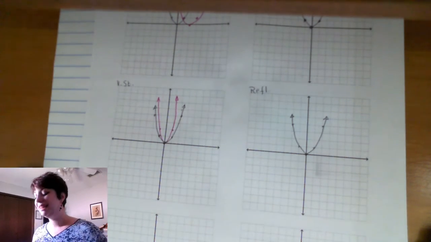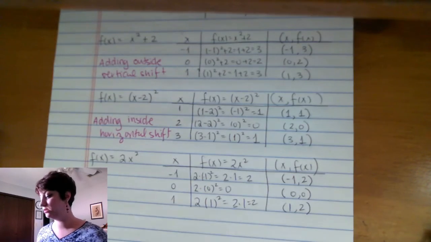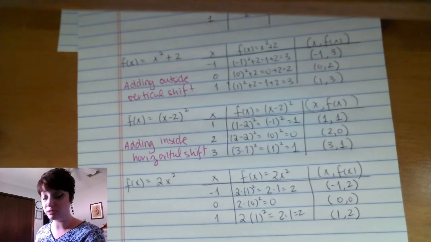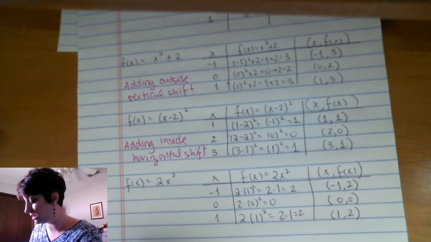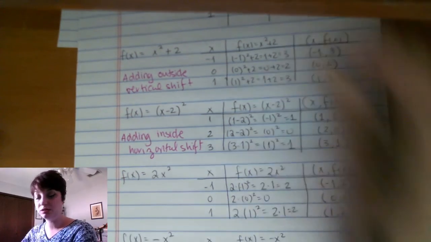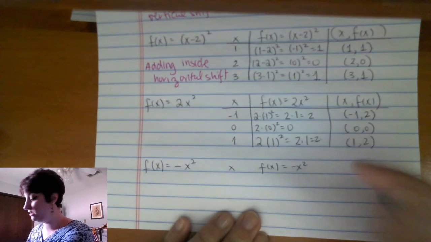All right. The last one is the reflection. Now I'm just going to do one reflection, but there are 2 different types of reflections. We'll look at that as we actually do examples. All right, so for this, I'm going to do negative x squared.